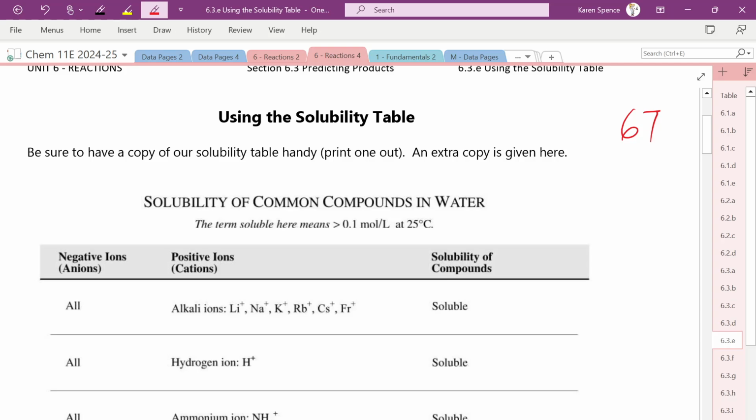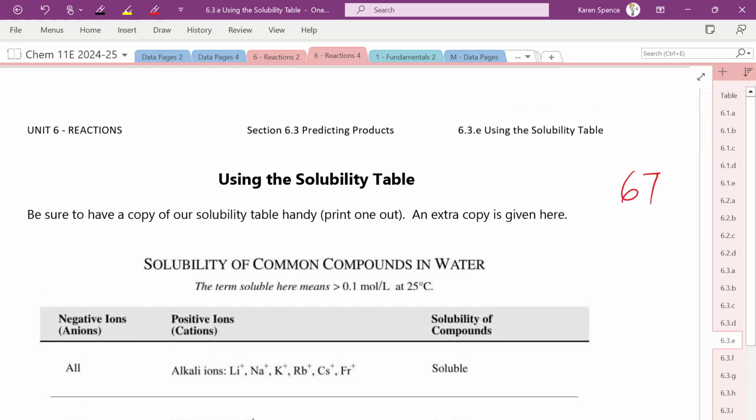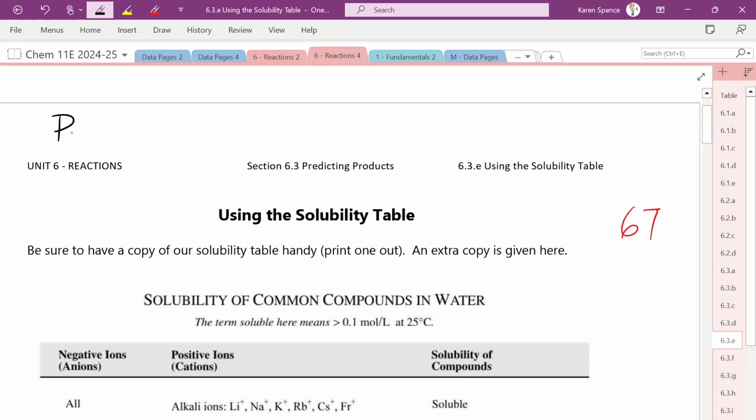Now, do you remember the term precipitate? What is a precipitate? Anyone remember?